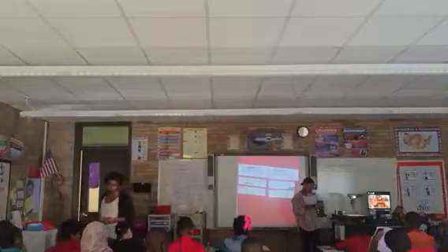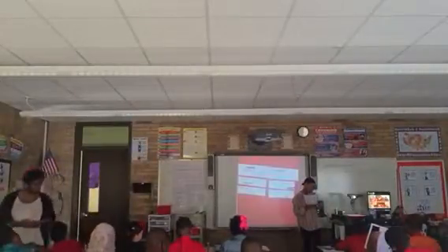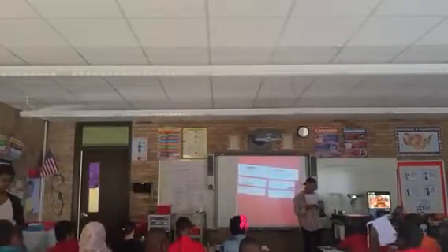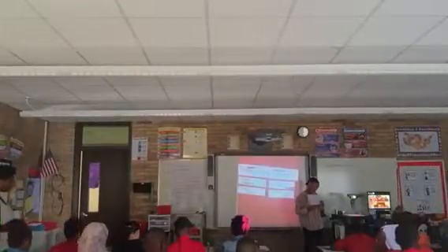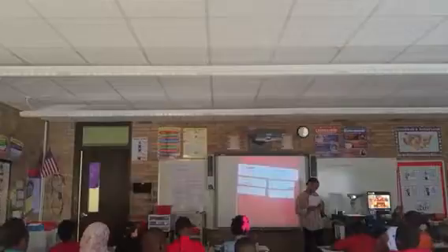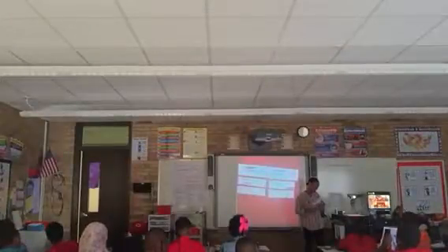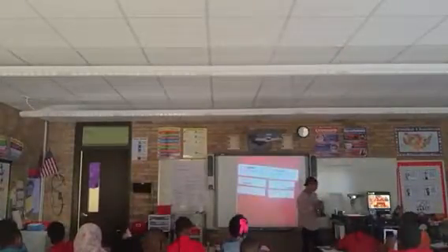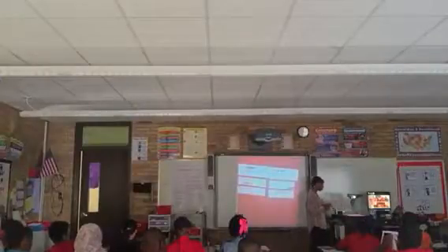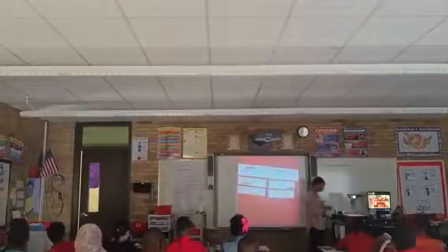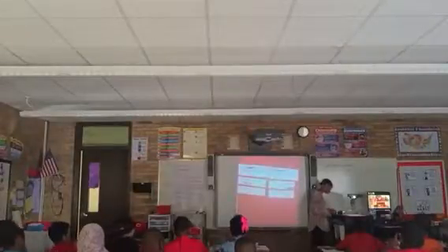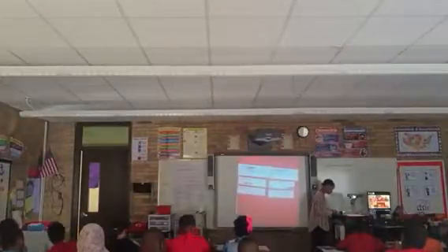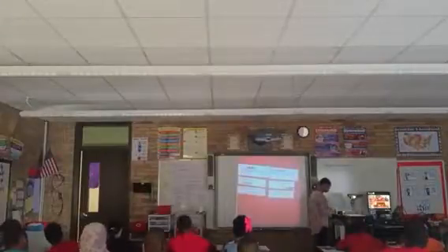Okay, so let's cut this strip out and write independent clause for the first part and dependent for the second part. Guys, y'all are doing such a good job on this. Whenever she said the Rachel sentence, look at it. What's your subject? Rachel. What did she do? Dance. She danced. Okay, so you have a subject, you have a verb, and does it make sense? Yes, that's what makes it what? Independent.